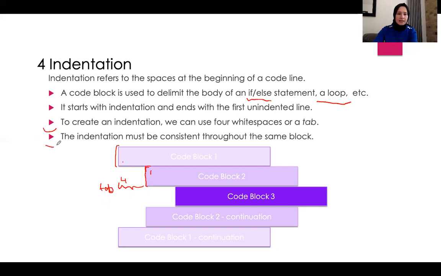And the indentation must be consistent throughout the same block. Otherwise, the system will complain about it. So indentation is very important in Python. You have to be careful with that. When there is inconsistency with indentation, the system will complain, or your code will produce wrong results.